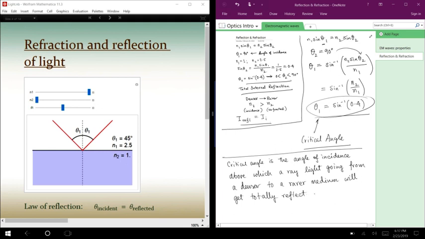Okay, and the particular phenomenon will be called total internal reflection, right?